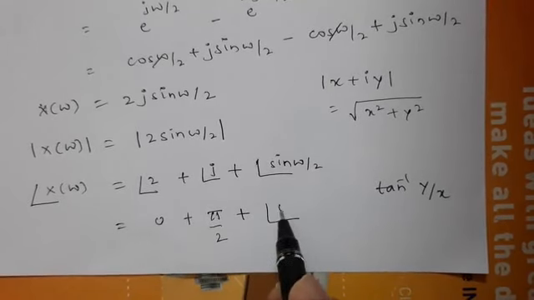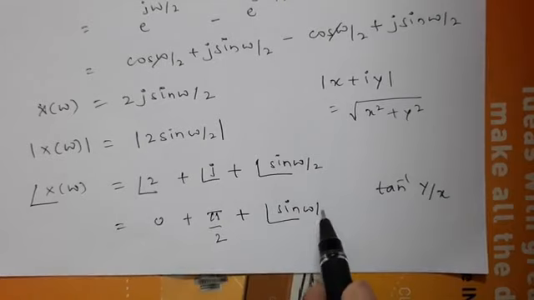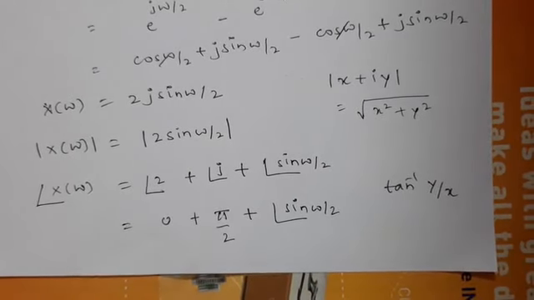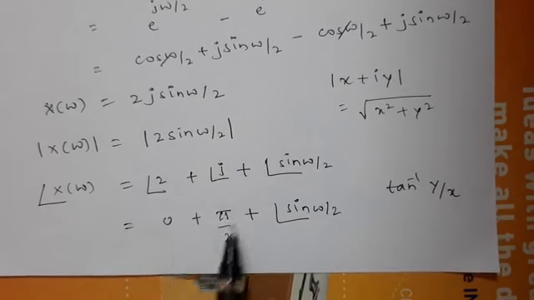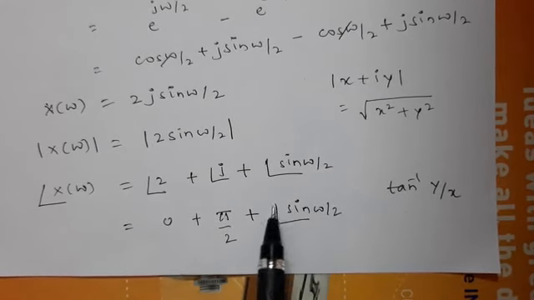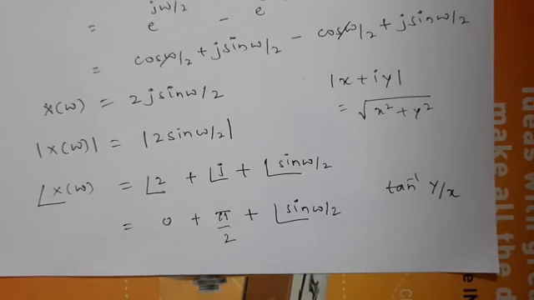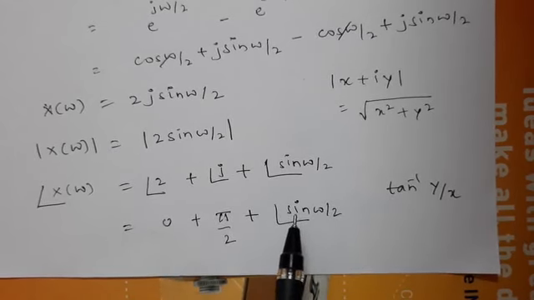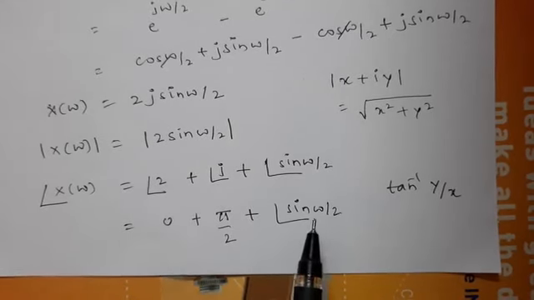Plus now you have to analyze this one, sine omega by 2. So here in some cases your form is rectangular, x plus iy form. There you can use the formula tan inverse of y by x. But in some cases you are not given a rectangular form and you are getting a term where you need to find the angle of this, which is sine omega by 2.